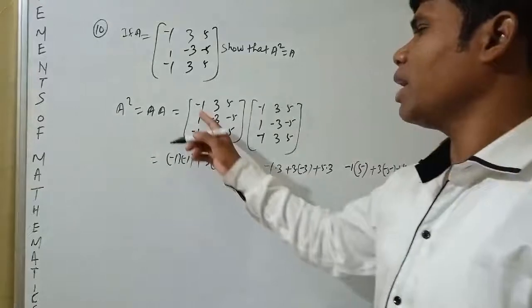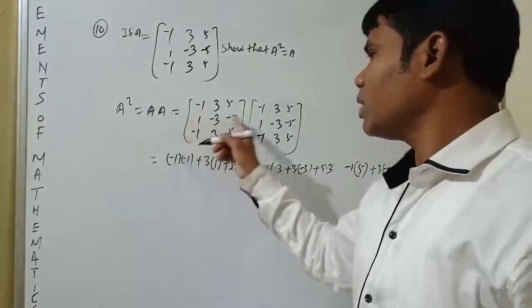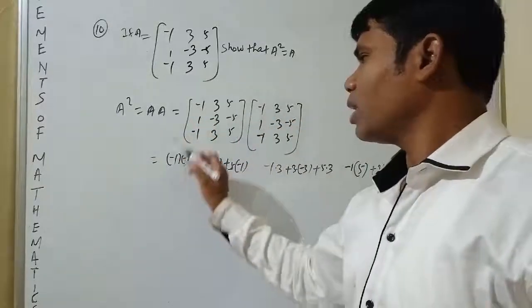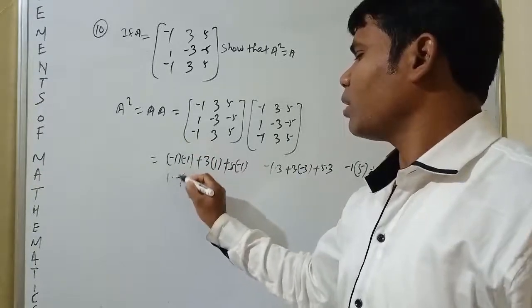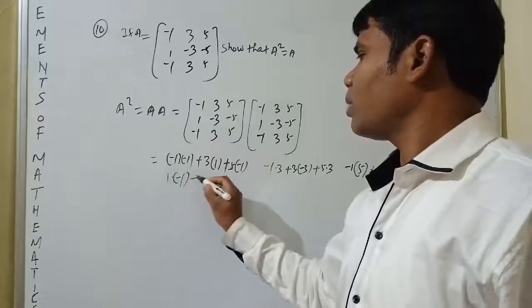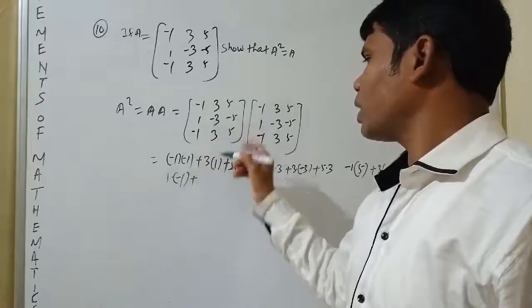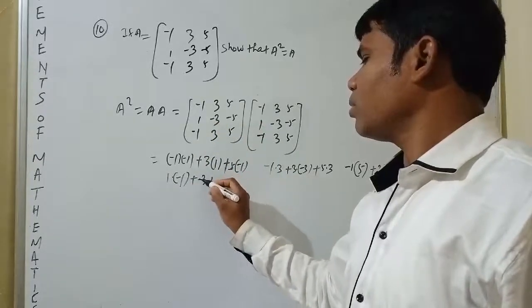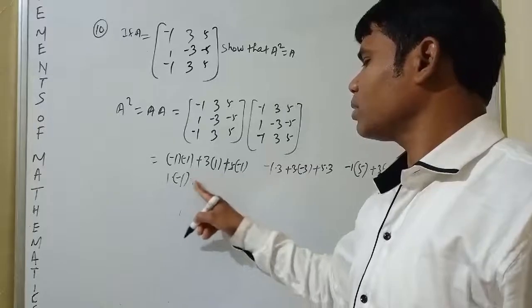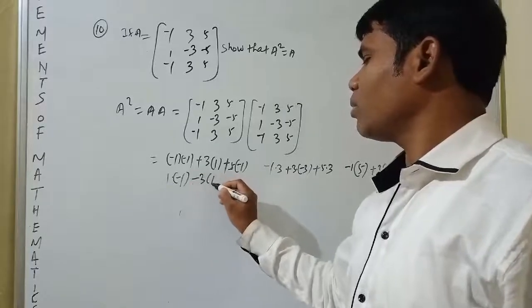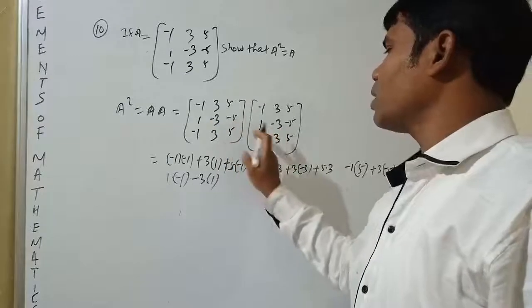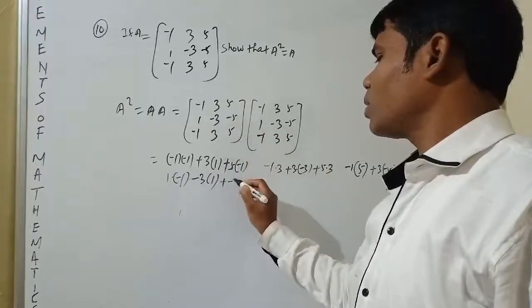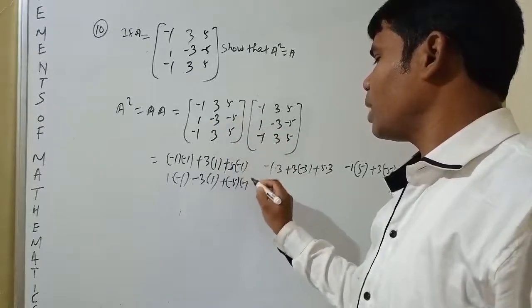Okay, similarly you can multiply this row with this column. That means 1 into -1 plus -3 into 1 plus -5 into -1.